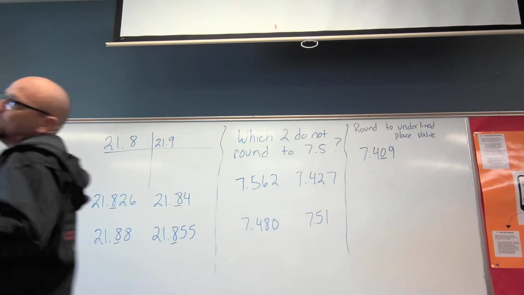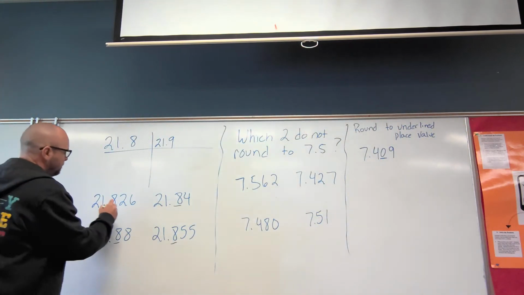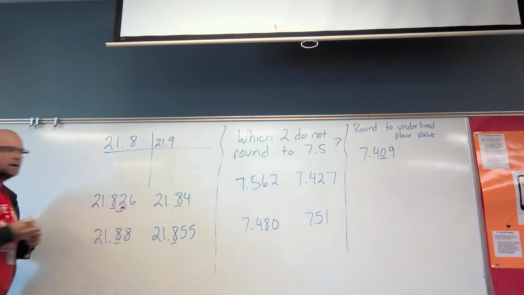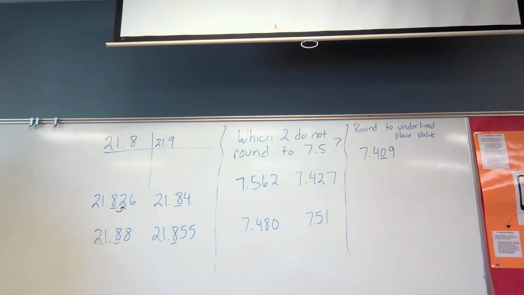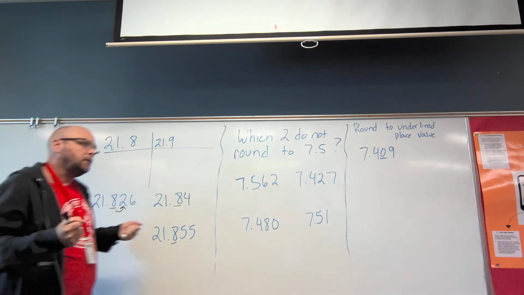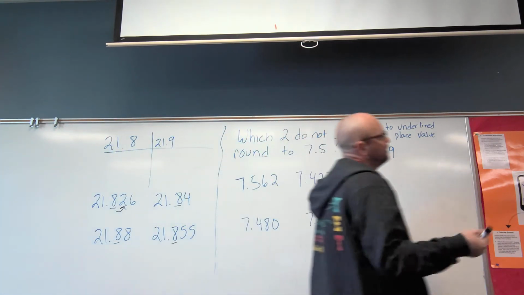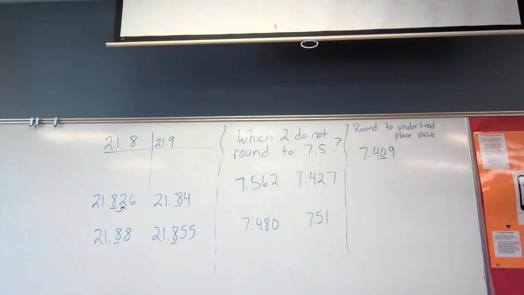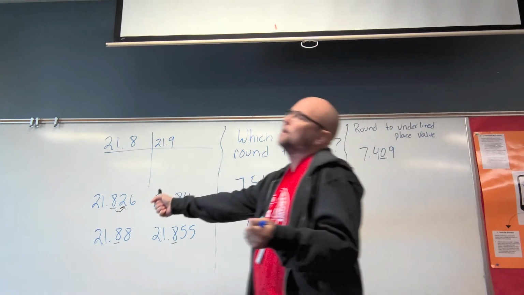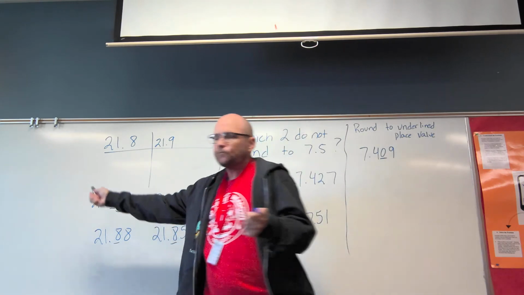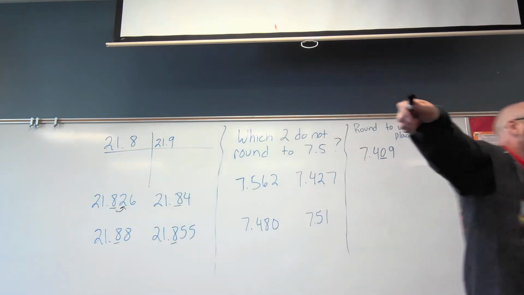When we round to the tenths, that means we look back at the hundredths. We're either going to add 1 or we're going to add 0 to our tenths. So we look back in the hundredths place on this. Juliet, what am I going to add to my tenths?